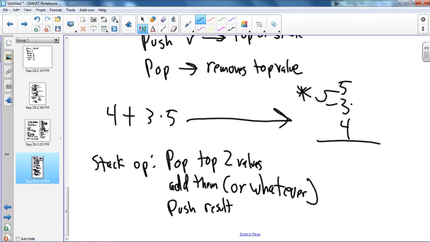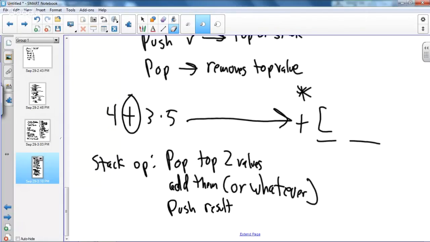You pop 5 and 3 off the stack and multiply them. Now you push the result onto the stack, which is 15. Having done this, you now do addition. That pops 15 and 4 off the stack and replaces it with 19, which now remains on the stack.